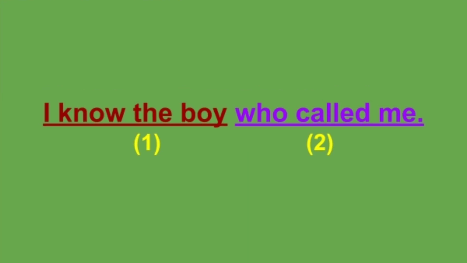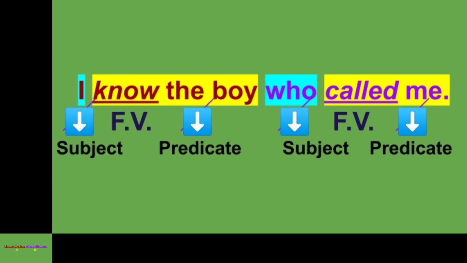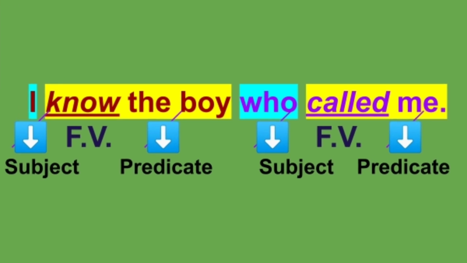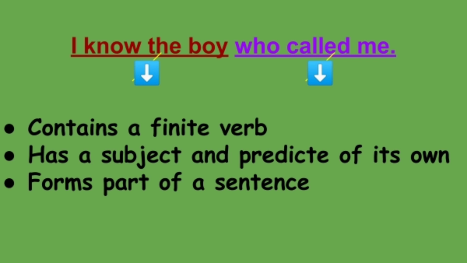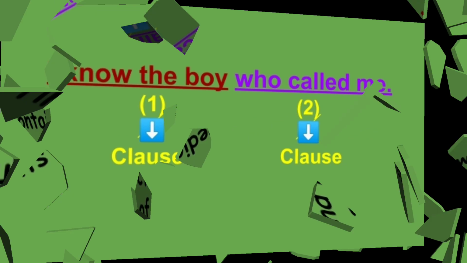Now get back to the example, I know the boy who called me. In the sentence, there are two parts, I know the boy and who called me. Each part contains a finite verb. Each part has a subject and a predicate of its own, and each part forms part of a sentence.